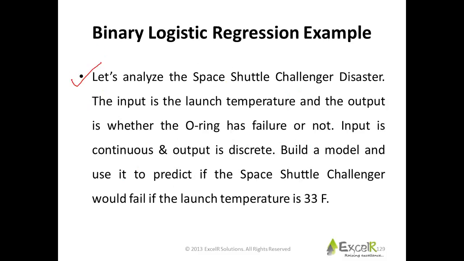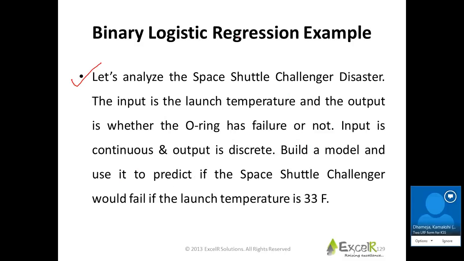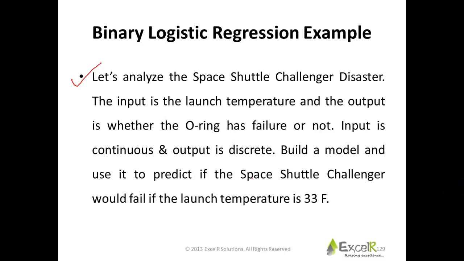Space Shuttle Challenger disaster. In 1986, if I recollect exactly, on 26th or 28th of January, there was one disaster that happened in NASA. They were trying to send a space shuttle along with a teacher, who was supposed to deliver teaching from space.